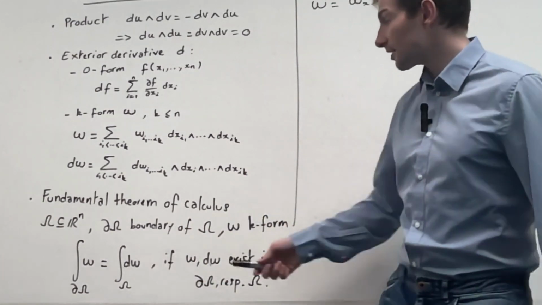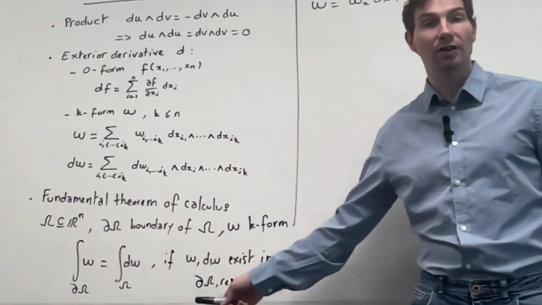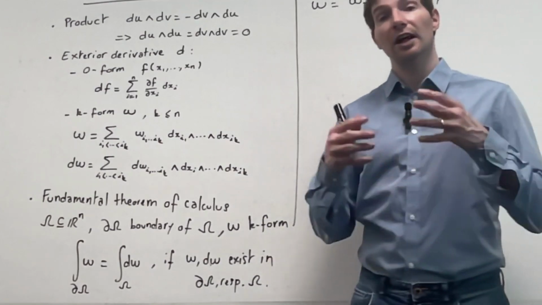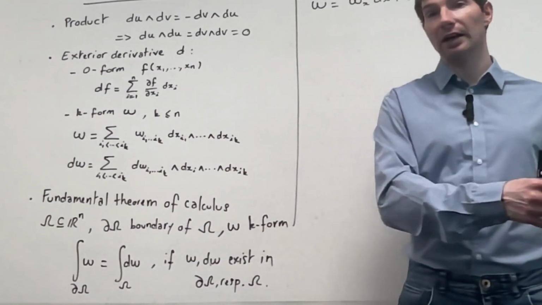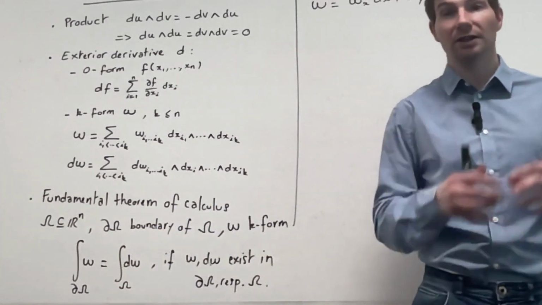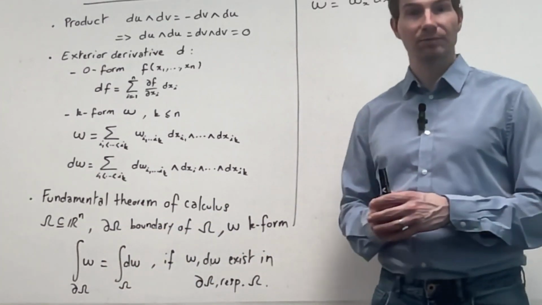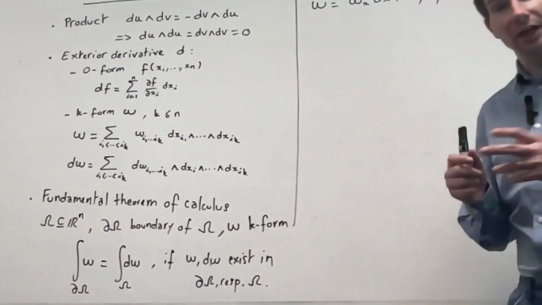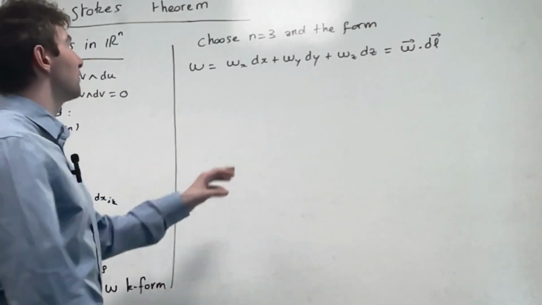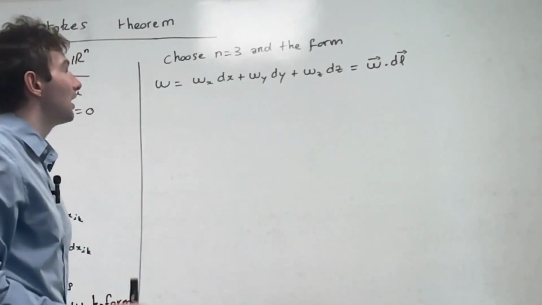That's obviously working only under these particular circumstances: omega and d omega have to exist everywhere in their respective domains of integration in that equation. If that's not the case, you can't use it.